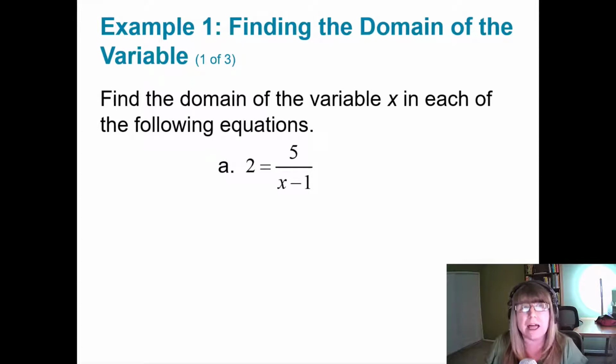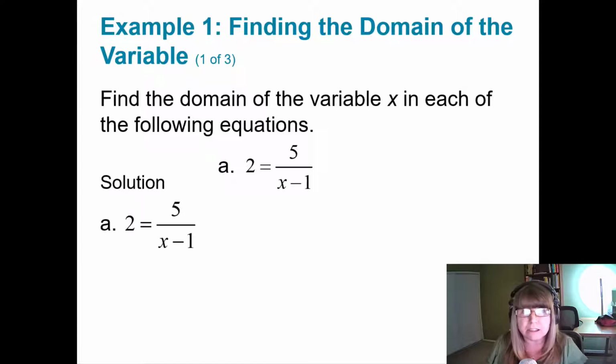Keep in mind that we're looking for all x values that make our equation valid in the real numbers. The only problematic times we really get is when we have fractions and the variable is down in the denominator. I don't even care if it's in the numerator, but if it's in the denominator, that can cause problems, as well as if an x is inside a square root, which causes problems for certain values of x.